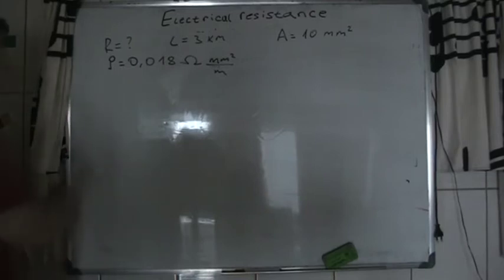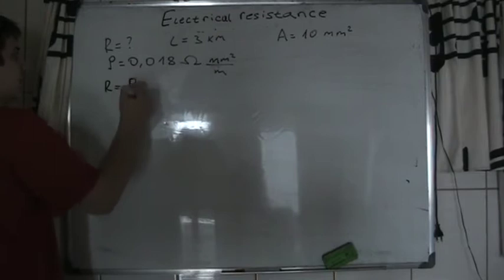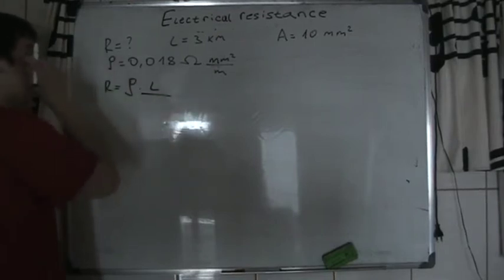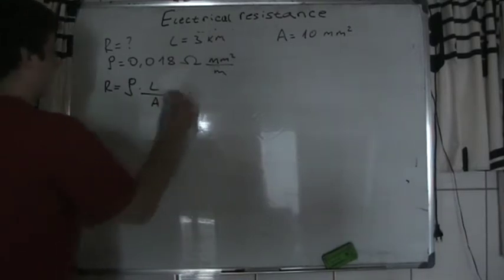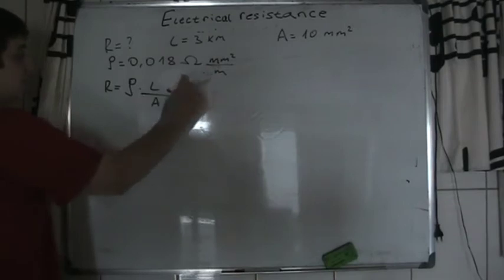Okay, so the formula is electrical resistance equals specific electrical resistance times the length divided by the area. Now you put all these numbers into this equation.